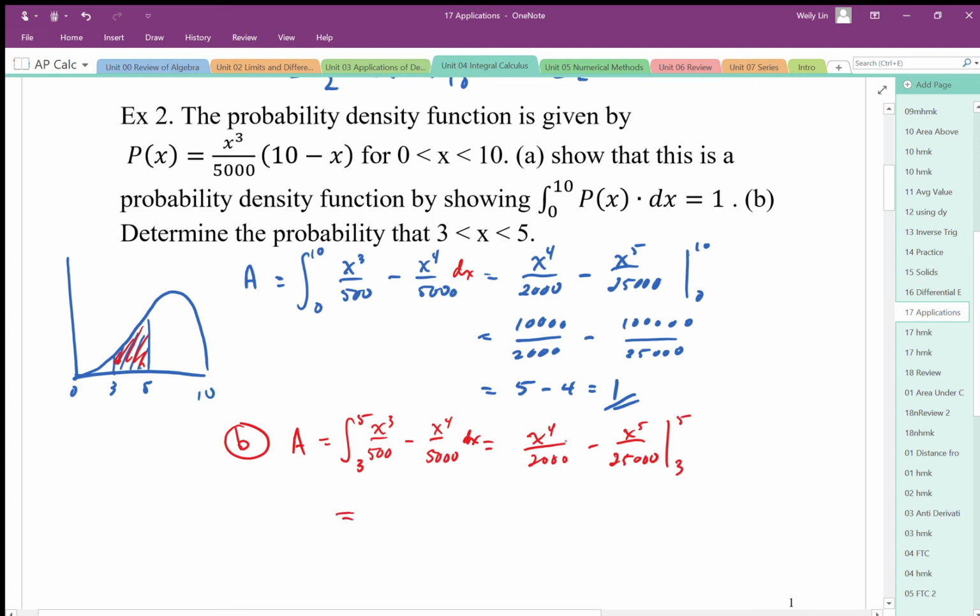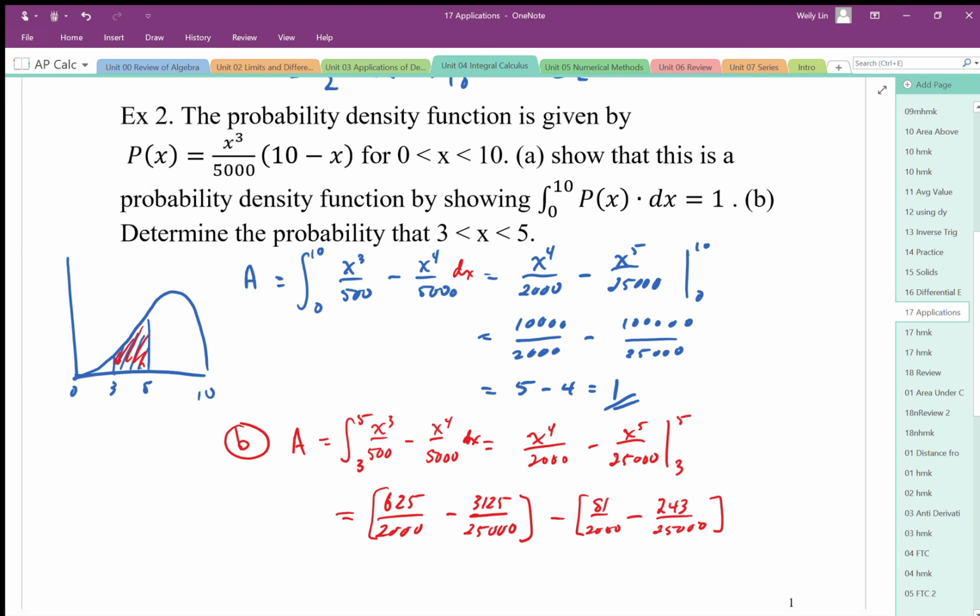Working this out, I think it works out to 625 over 2,000 minus 5 to the power 5, which is 3125, over 25,000, minus 81 over 2,000 minus 243 over 25,000. I'm just going to plug that into my calculator.